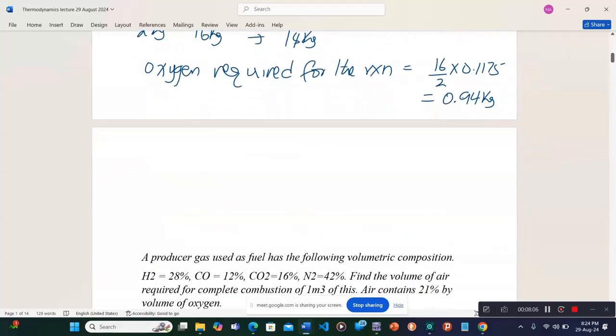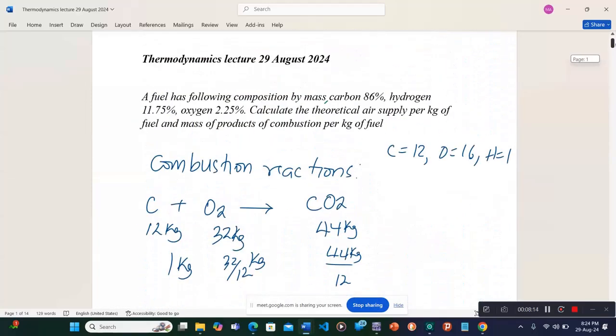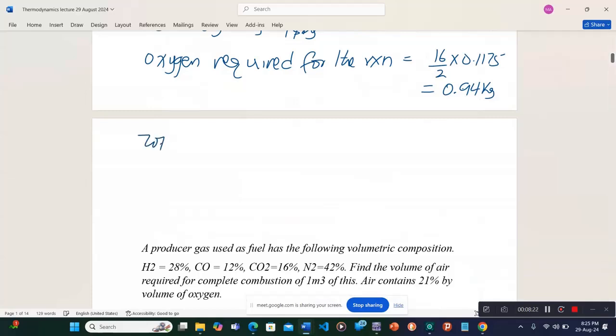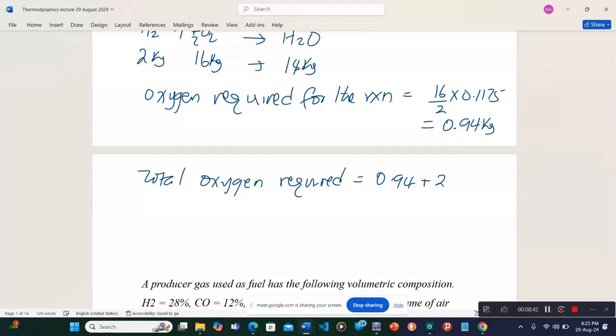So we need to total what else did combust or burn to produce energy? Nothing. Oxygen is present in the fuel, so we are just going to subtract. So total oxygen required is equal to 0.94 plus 2.293.